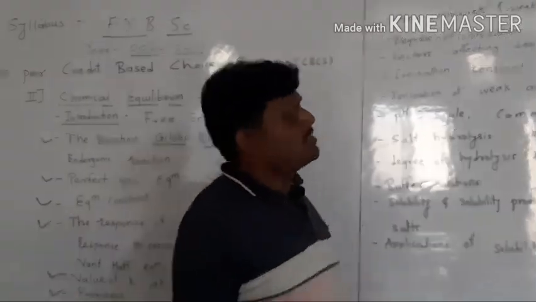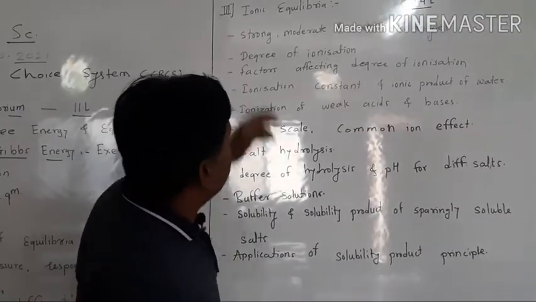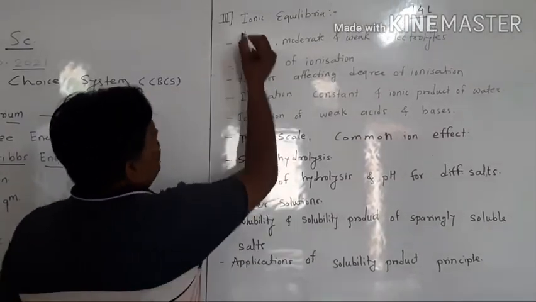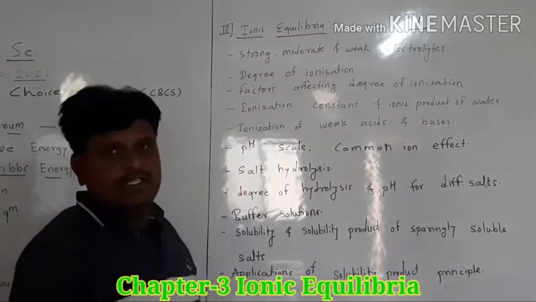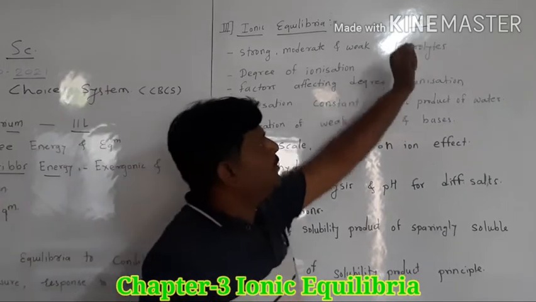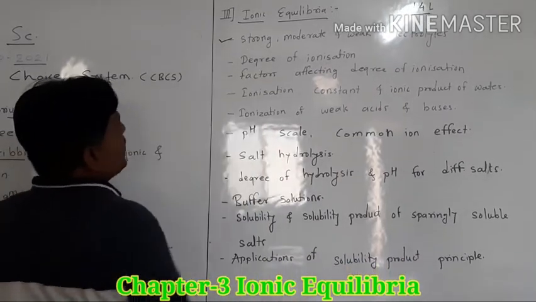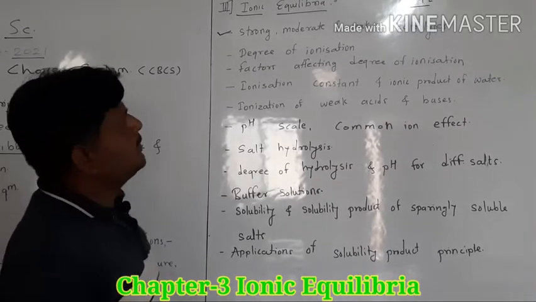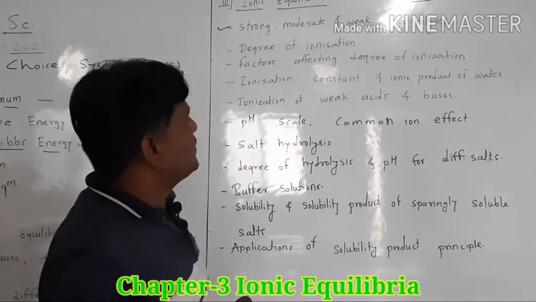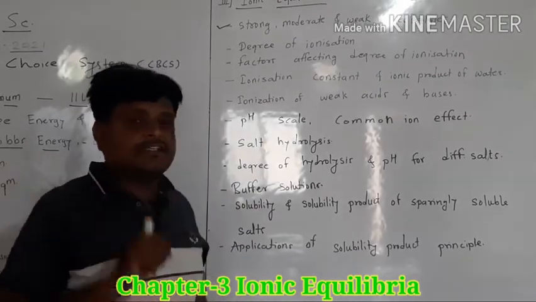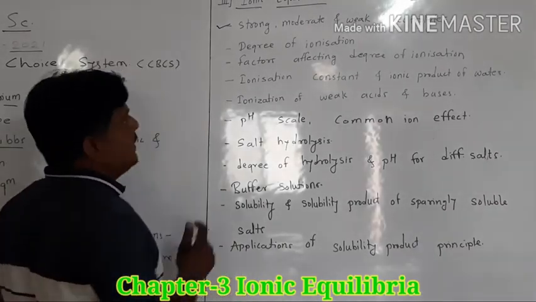Then the last chapter, ionic equilibrium or ionic equilibria. This is one of the biggest chapters in the syllabus and has 14 lectures. So what is the first point? Strong, moderate and weak electrolytes. These are the types of electrolytes, and you already discussed that point in 12th class, so you remember it.